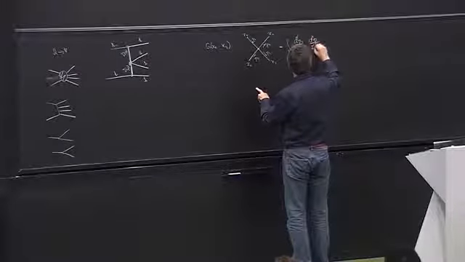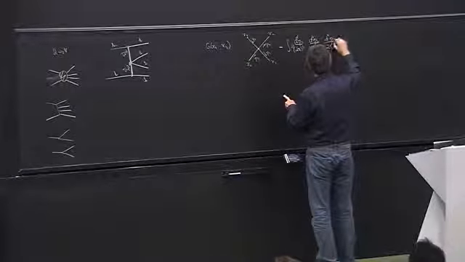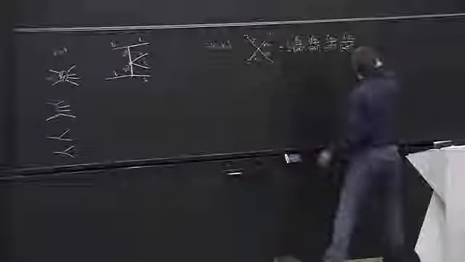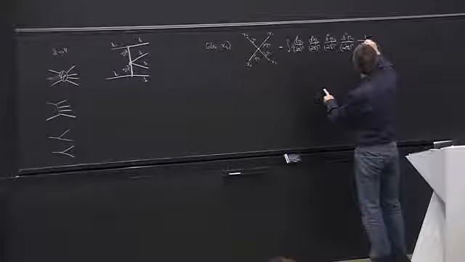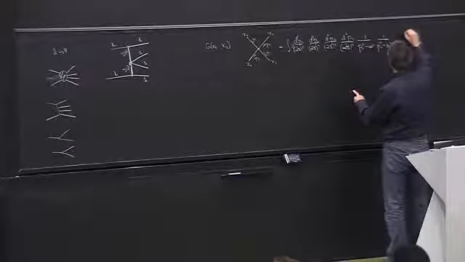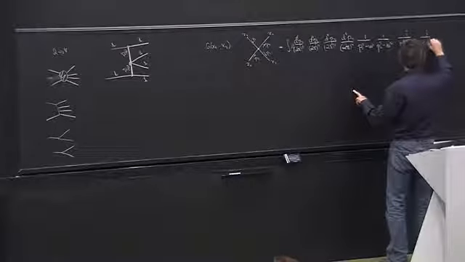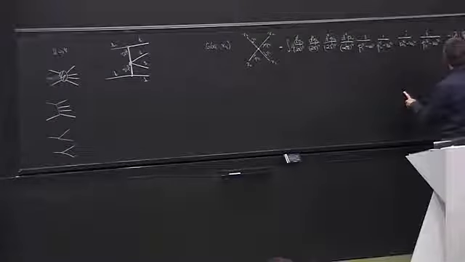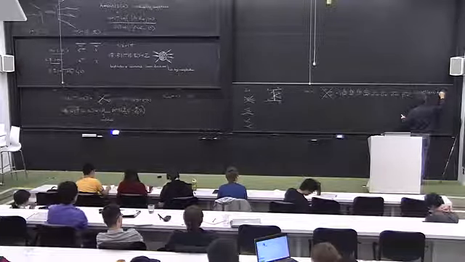P4, P2, P4, P3, P4, P4, times the propagator that corresponds to each of these lines, i over P1 squared minus m squared, i over P2 squared minus m squared, i over P3 squared minus m squared, i over P4 squared minus m squared, times the vertex, which is minus i lambda (2 pi)^4 delta of P1 plus P2 minus P3 minus P4.